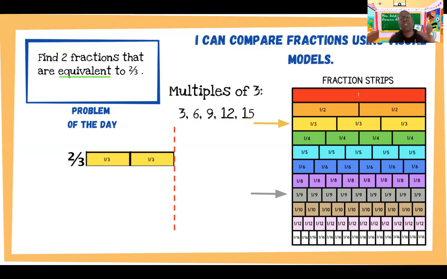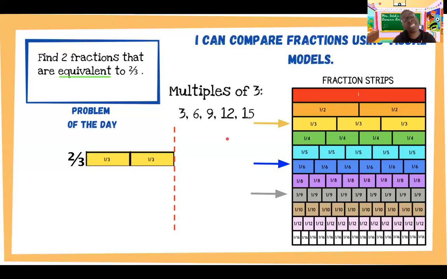So we already have 2/3, which was our fraction with the denominator of 3. And so which fraction are we going to take a look at next? That's right, the one with the denominator of 6. We need to figure out how many 6 pieces are equivalent to 2/3.